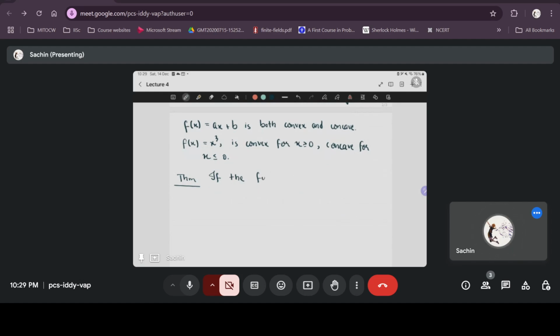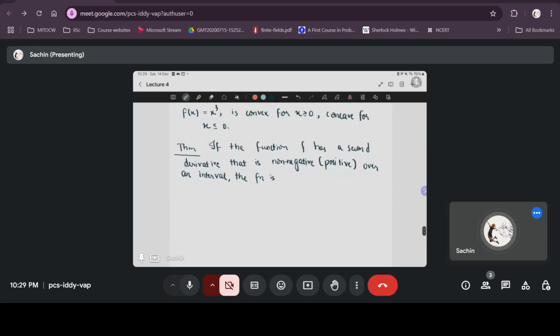If the function f has a second derivative that is non-negative, alternatively it can be positive over an interval, the function is, I'll write fn instead of function, it's convex, alternatively it's strictly convex over that interval.